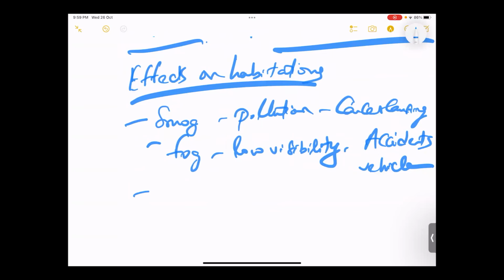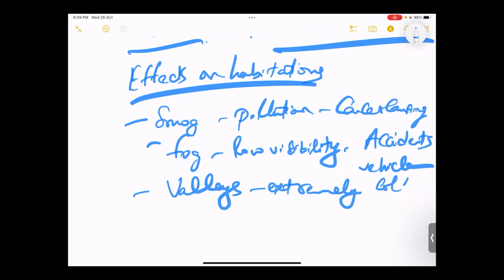And then in valleys, extremely cold temperatures. So that is another side effect. Issue on air traffic.